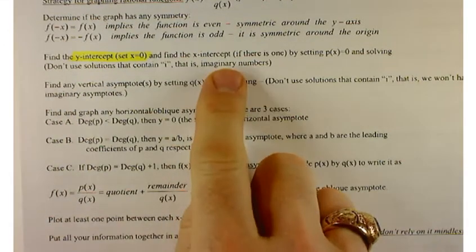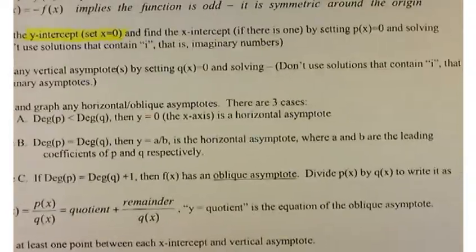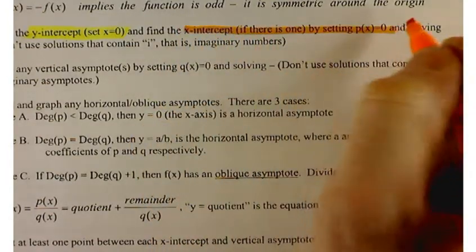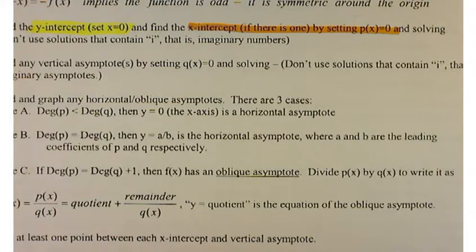For the X-intercept, set p of x equal to 0. X-intercepts, p of x equals 0. And we're going to try and find some asymptotes coming up, but we'll get back to that in just a second. Let's work with problem number 22.